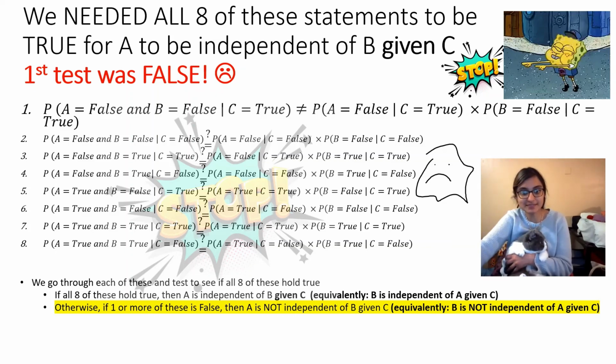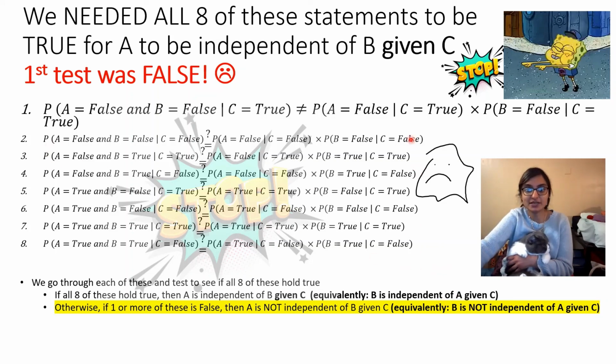So one of these failed and we needed all 8 to be true. That's exactly why we said that A is not independent of B given C, the same thing as saying that B is not independent of A given C.